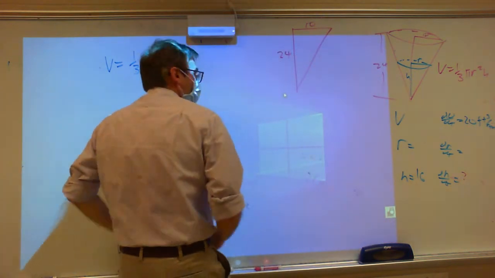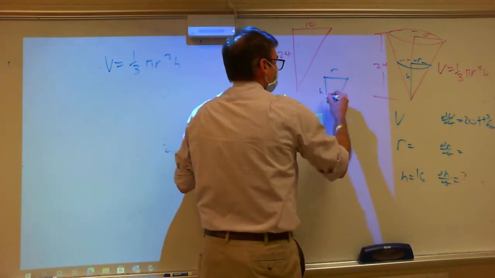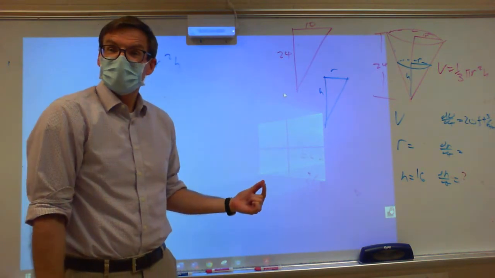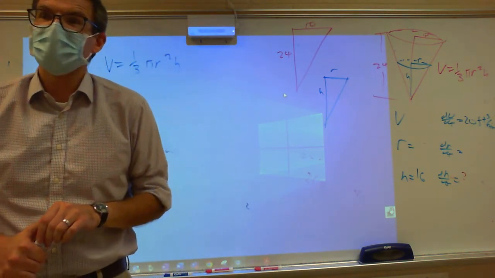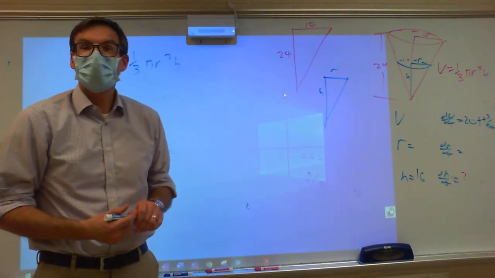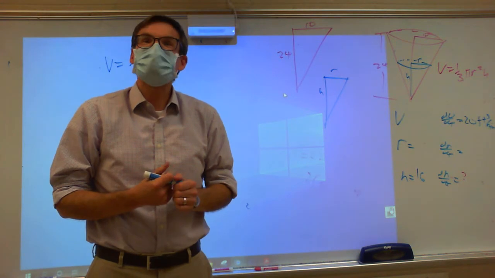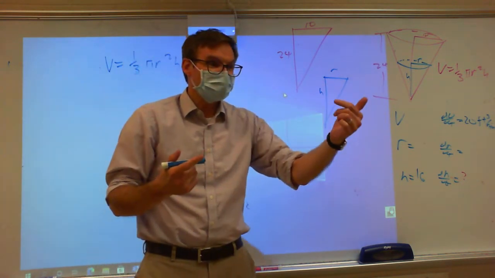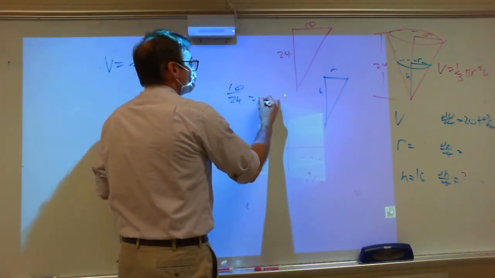And then we have the water, which is R and H. And they're similar triangles. Since they're similar triangles, can you give me a proportion? A proportion is an equation. What does 10 over 24 equal? R over H. Did everybody get that? So I can say 10 over 24 is equal to R over H.